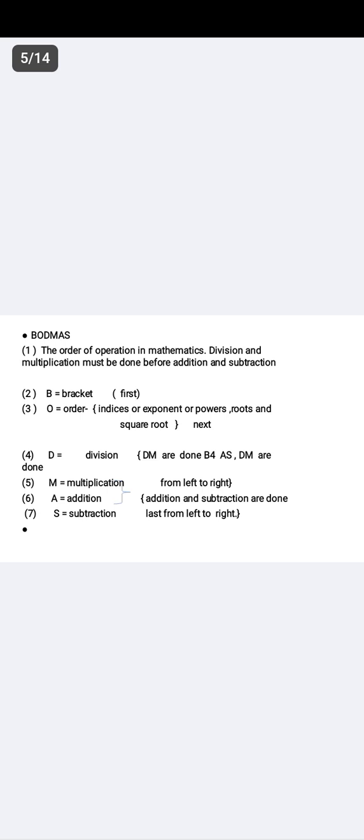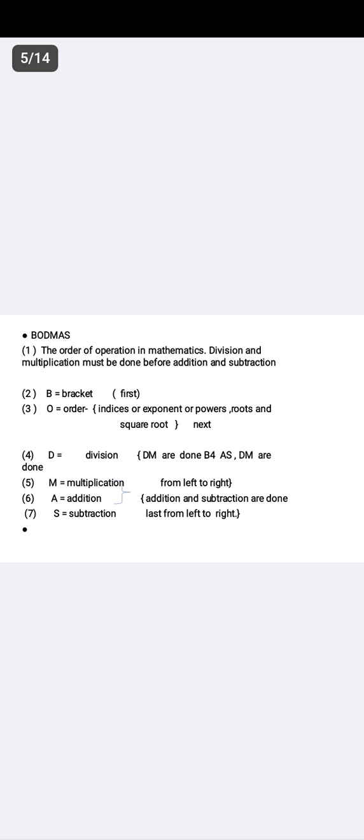So the summary of this BODMAS is that, one, do the one that is in the bracket first. Then look at whether there is order, the component of order, indices, roots, square roots, powers, and resolve it next. Then do multiplication and division according to how they come, beginning from left to right.